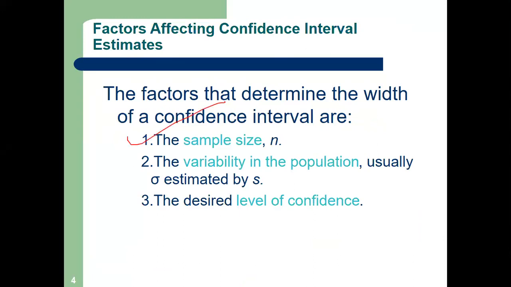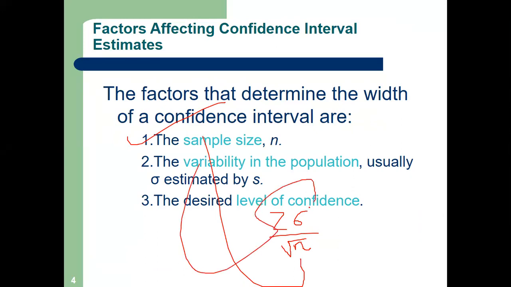Sample size, n. So you can see z sigma by root n. My sample size, variability. Variability comes from sigma. Level of confidence. Desired level of confidence.